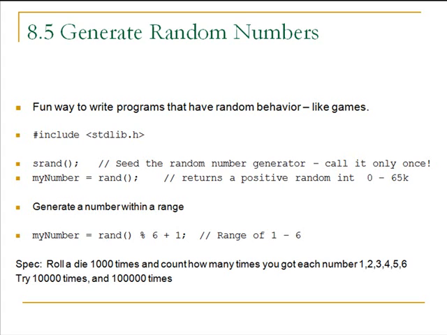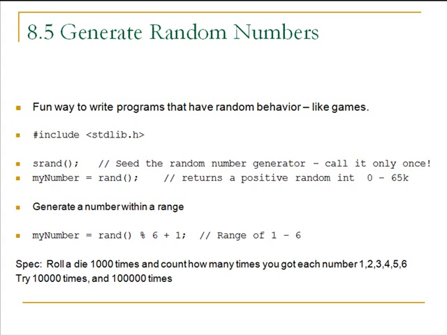And the function rand generates a positive int in the range of 0 to about 65,000 and a little bit. And sometimes when you ask for a random number, you don't want a number in that range. So we're going to look at how to take those numbers and change them into the range that you do want.